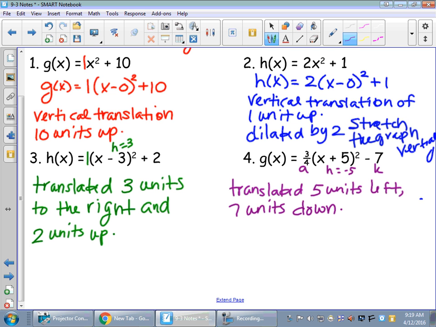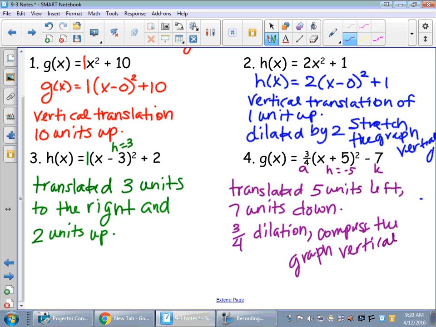The 3/4 is a dilation. And what it's going to do to the parent function is compress the graph vertically. And when it compresses the graph vertically, it's going to be wider. The only thing that I haven't shown you here is if there was a negative a value, which would reflect it, and it would be facing down. Okay?